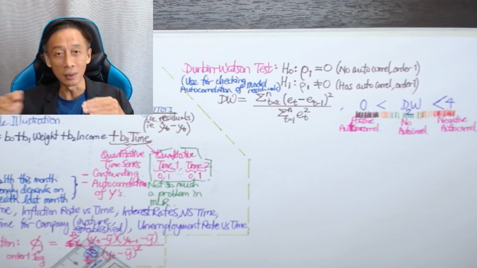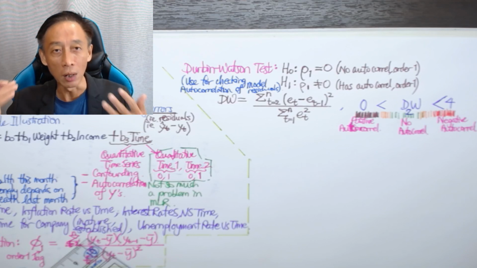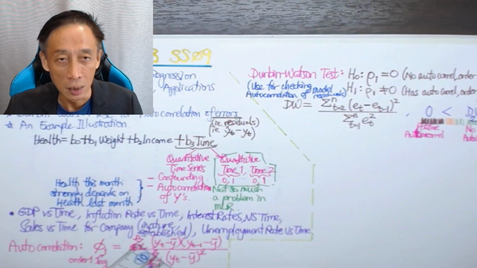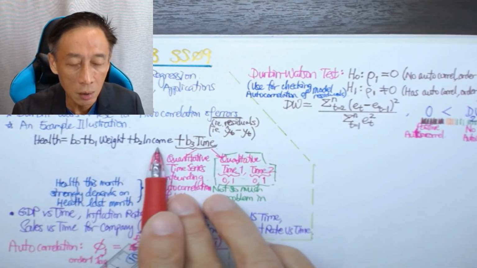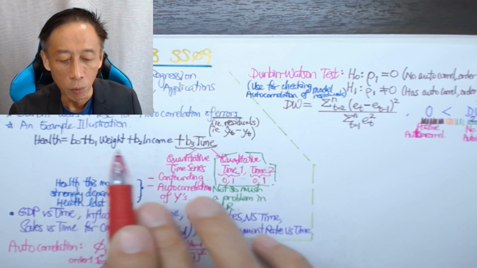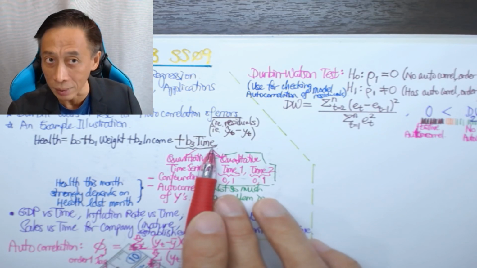So as time passes, the residual grows exponentially. Which means your model is totally poor in explaining health when time becomes larger and larger because you're making more and more errors.